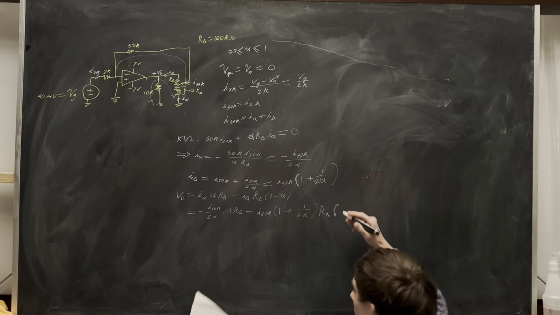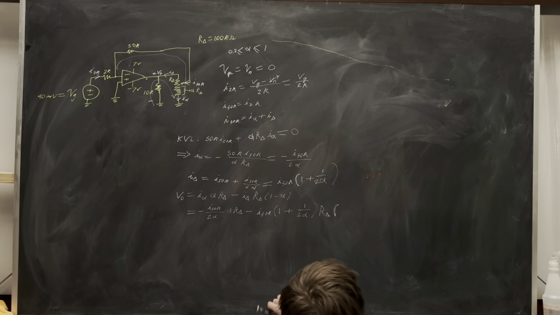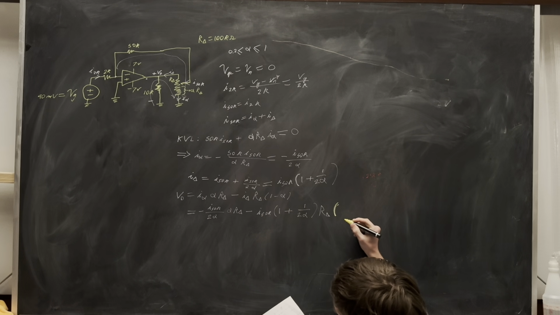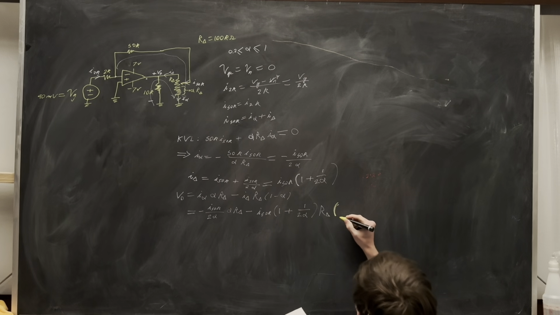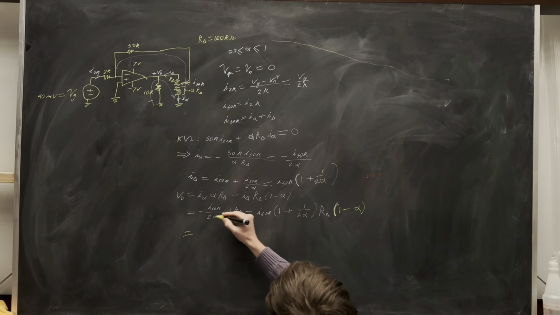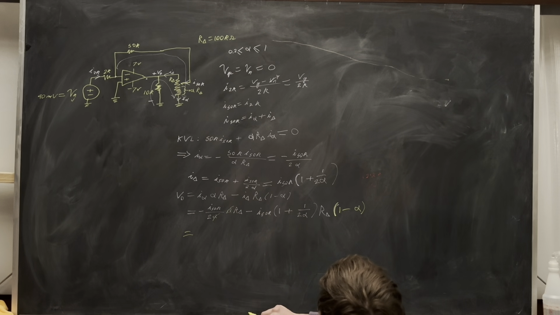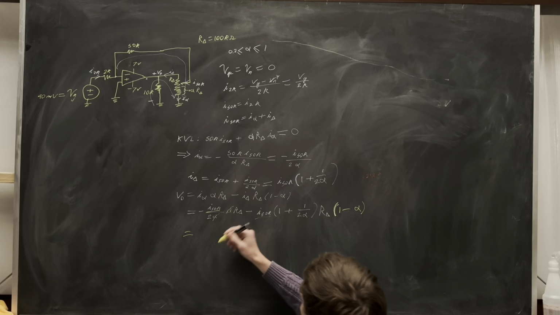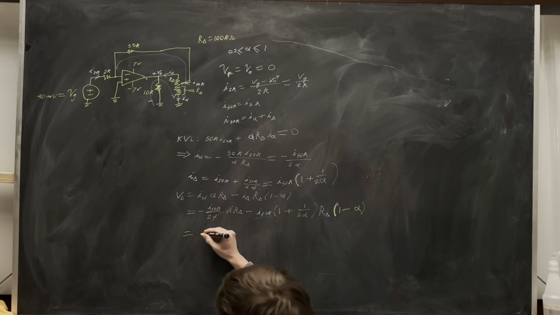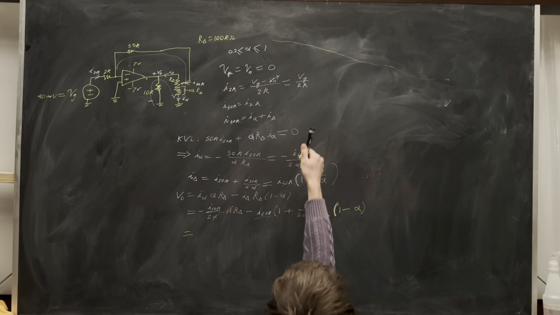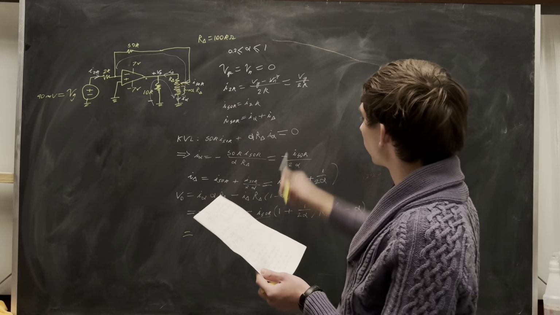I'm going to switch to a different marker. This one's dying. Much better. Times 1 minus alpha. So cancel these. We can factor out the I50K's. I also skip another step here. I plug in this for I50K.